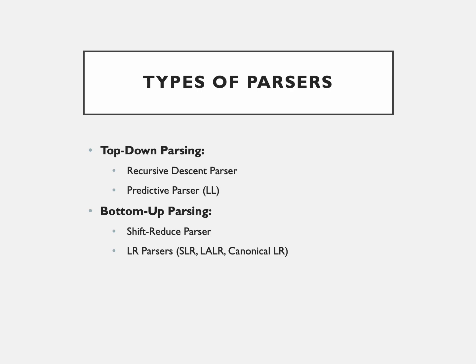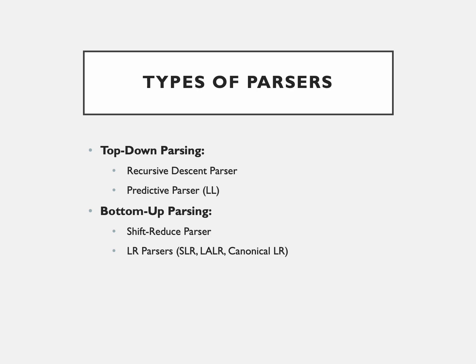Second is LALR, look-ahead LR, which combines the simplicity of SLR with the power of the canonical LR parser. Then third one is canonical LR, the most powerful type, and it is capable of handling all context-free grammars.